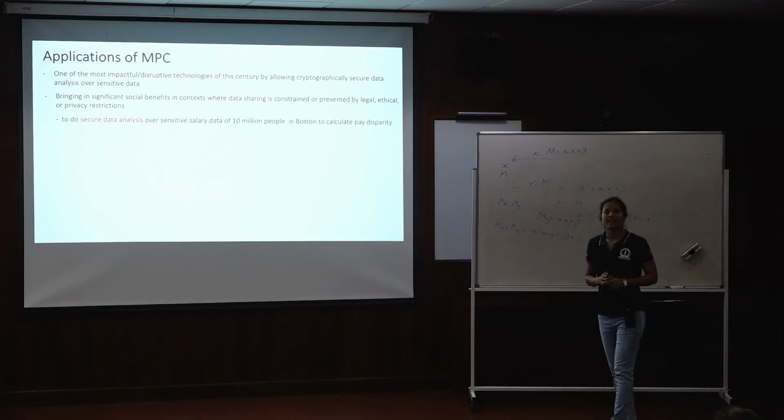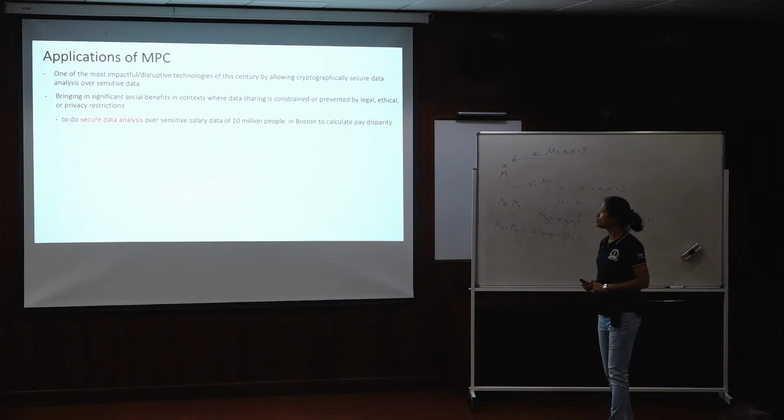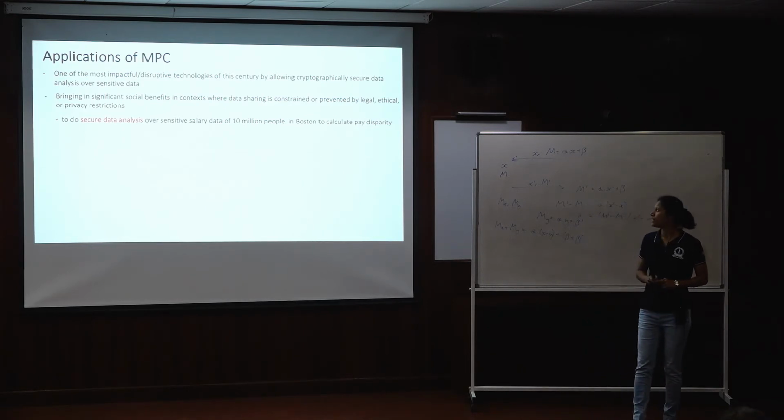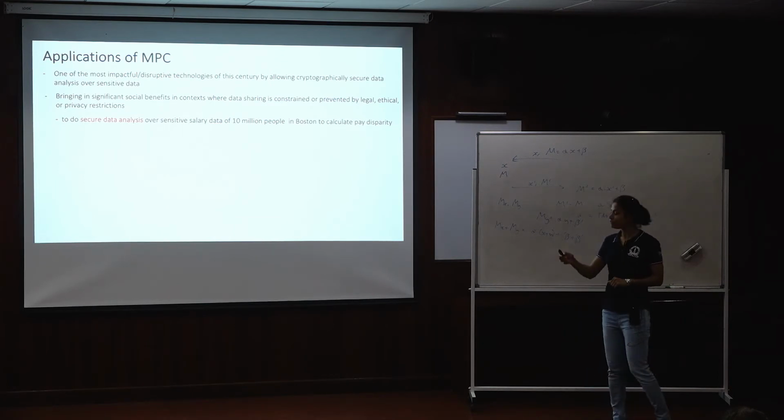For instance, it has been used in the past to do secure data analysis over sensitive salary data of 10 million people in the greater Boston area to calculate pay disparity.